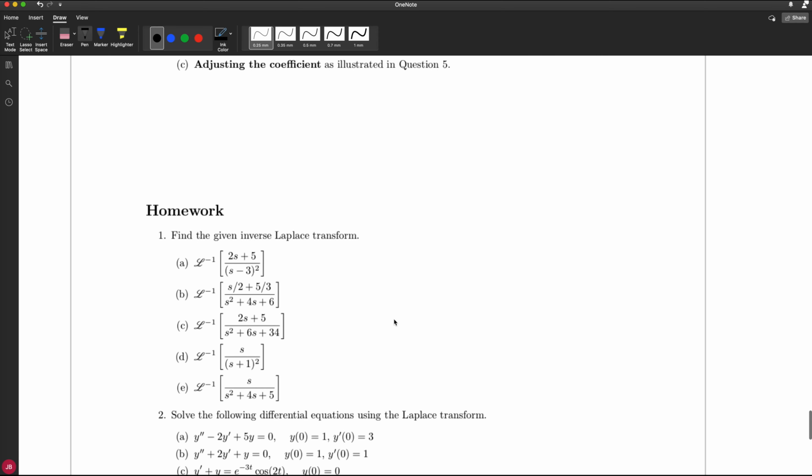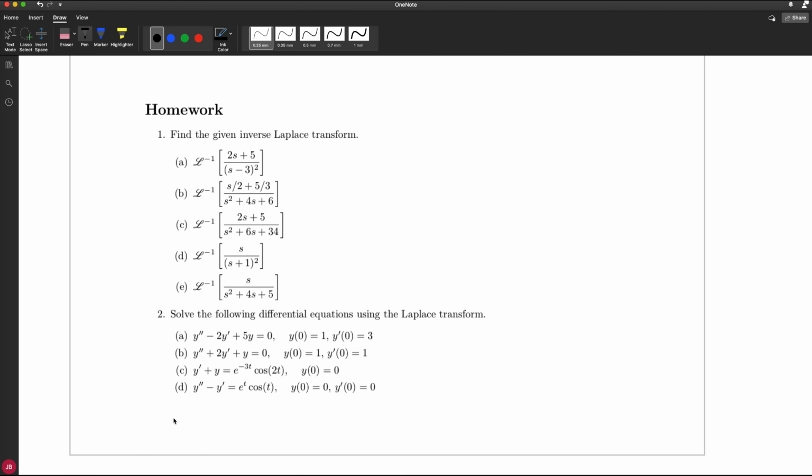And you'll notice once you know how to do Laplace inverses, you know how to solve differential equations with the Laplace transform. We'll do an example or two when we get into Unit 4-5. So if you want, just hold off on doing these until then, or go ahead and give them a shot.